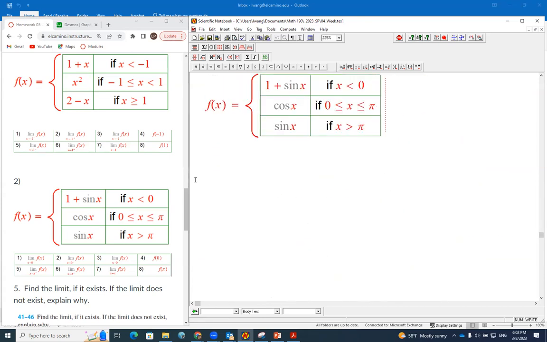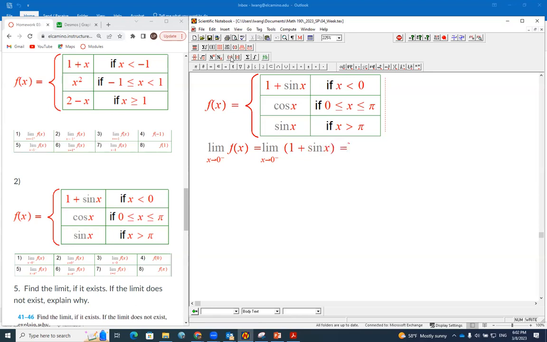And now we look at the limit of x approaching 0 from smaller than 0, and we're working with f of x. What do we have? Well, x approaching 0 from the left, meaning x is less than 0. So we will be applying this rule, 1 plus sine x.